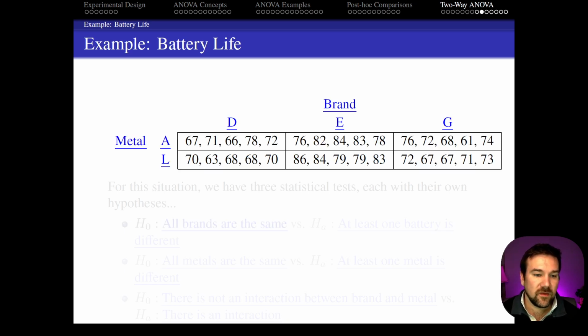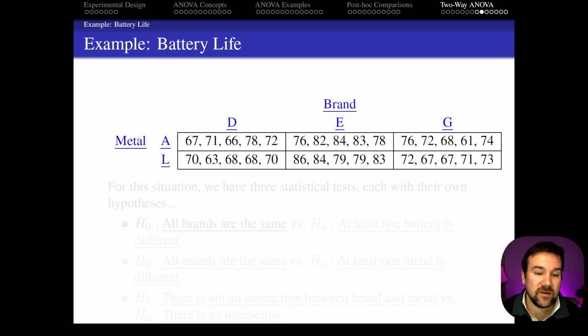product lasts. Now, this is the weird wide form. What I would do if I were doing a long form is have a single column for metal, a single column for brand, and then I would enter each of these numbers. So for instance, the top left number, 67, that entry would look like the single column metal would have the letter A in it for metal A. The second column, brand, would have the letter D in it for brand D. And then the third column, hours, would have the number 67 in it to represent the first product was with the alkaline metal and the Duracell brand, and it lasted 67 hours.